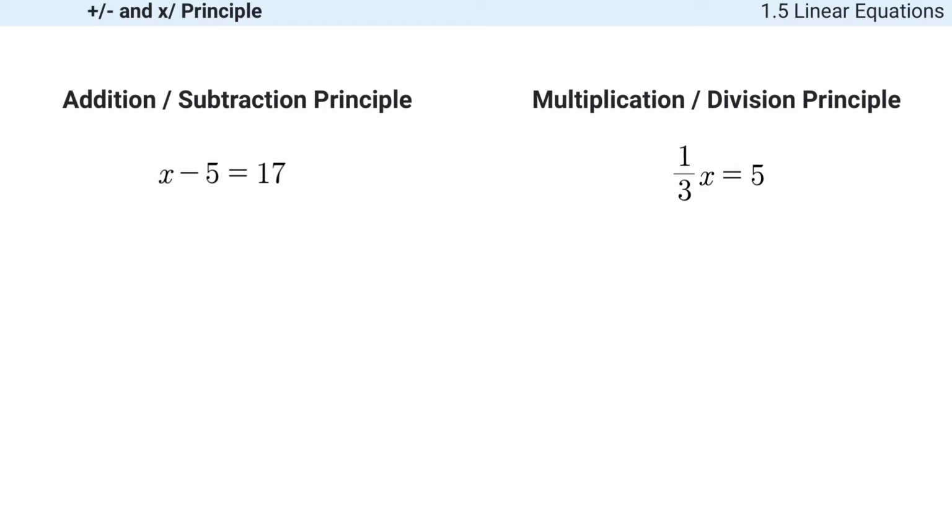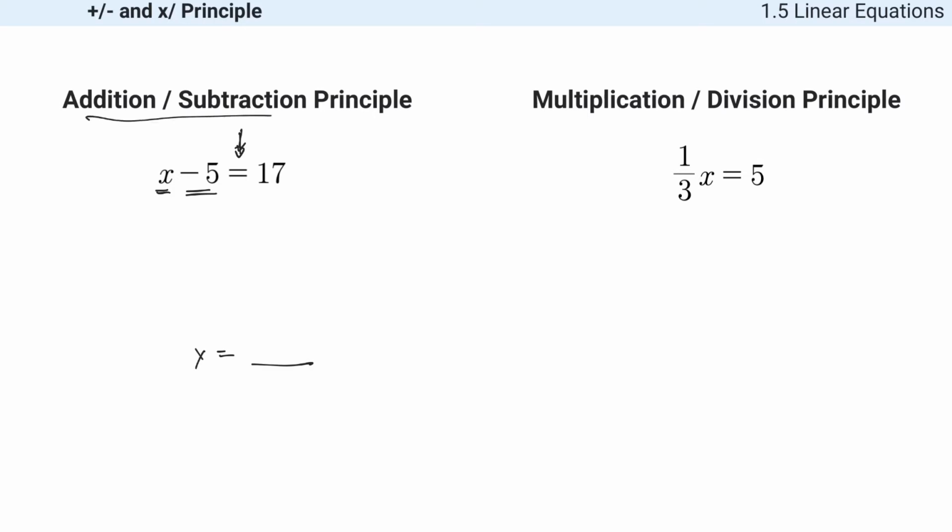So for this first one, anytime you're solving, you want at the end to come up with x is equal to something. So basically, here's the equal sign, you want x to be the only thing on the left side of that equal sign. Right now you've got to get rid of this minus 5. The rule you would use is the addition subtraction principle.